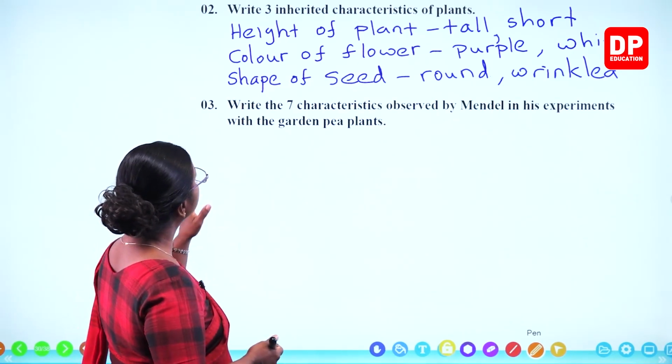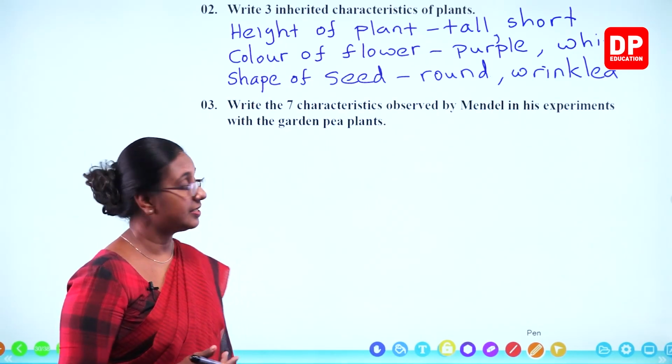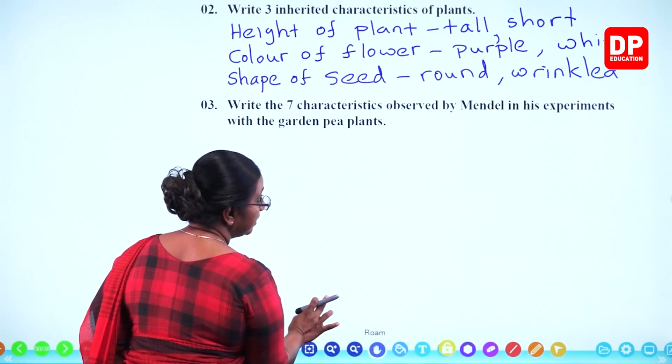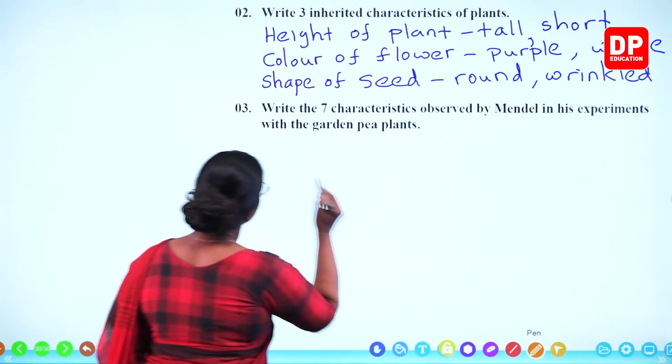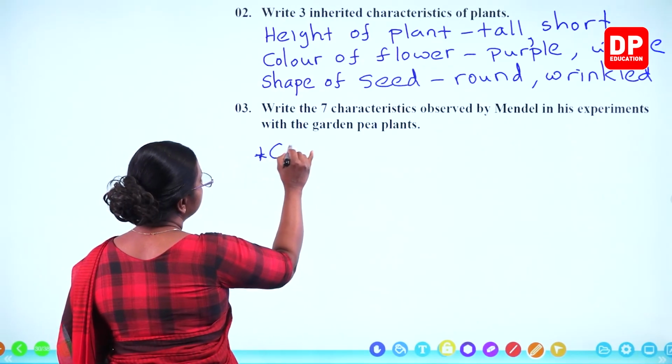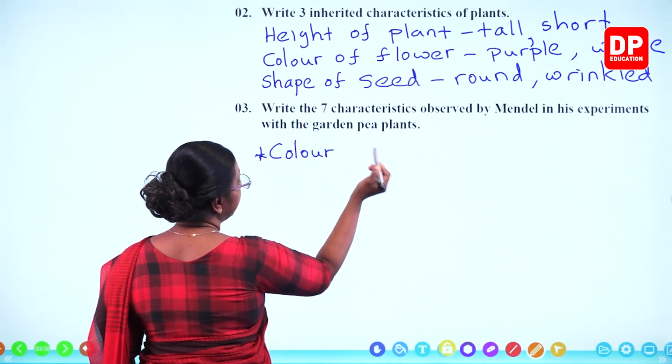So I will write all 7 characteristics here. It can be in any order.